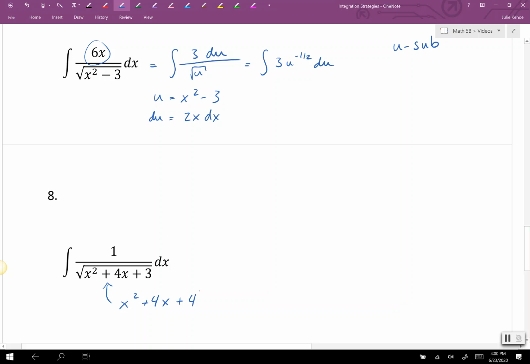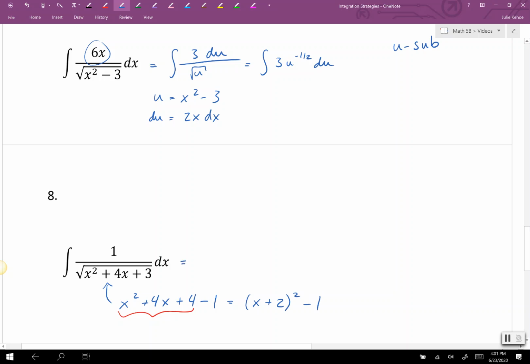So by putting in this plus 4, I've actually added 1 inside of the root. And so if I do minus 1, that will undo that extra 1 that I added in. If I simplified it, I'd get back to 3. So this is equivalent to what I started with. The difference now is I can factor this into a perfect square trinomial. So that would be x plus 2 squared minus 1.